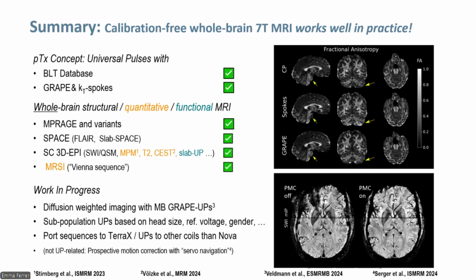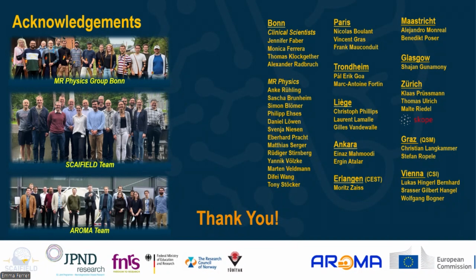Then also we are porting the sequence to the newer scanner generations, and even though not really related to the universal pulses, we are also working on prospective motion correction with servo navigators. And with this, I want to close, thank my colleagues and the involved teams, and thank you for your attention.